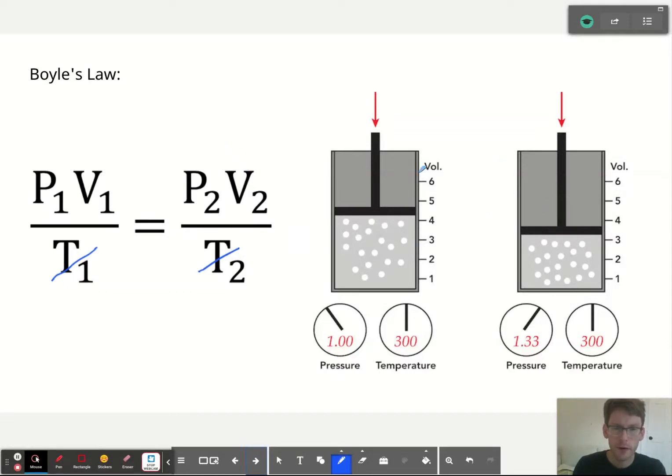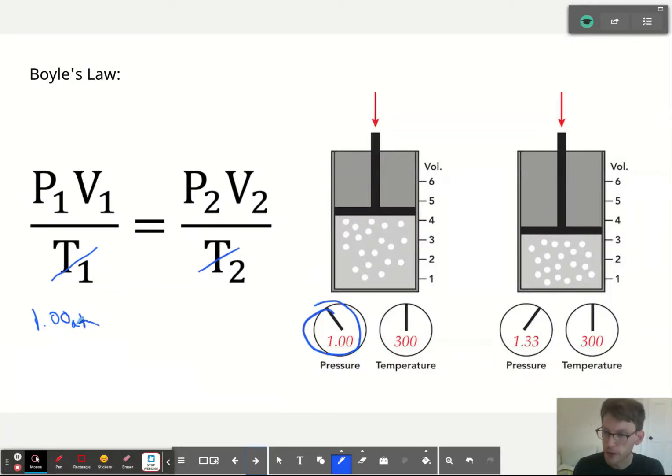Let's see what we have going on here. Our initial volume is about 4.25 liters, let's say. So our initial pressure is 1.00 atmospheres, and that's what we see here.